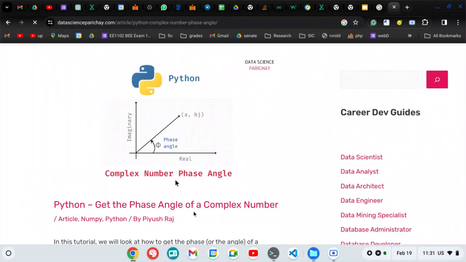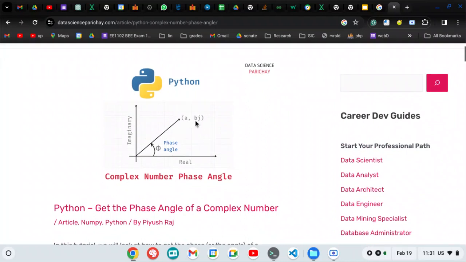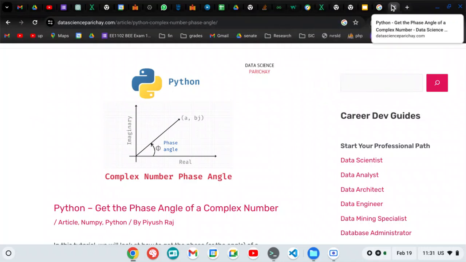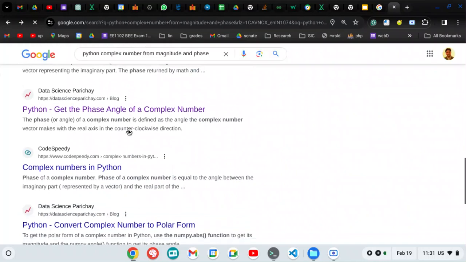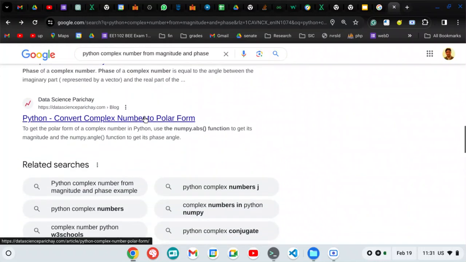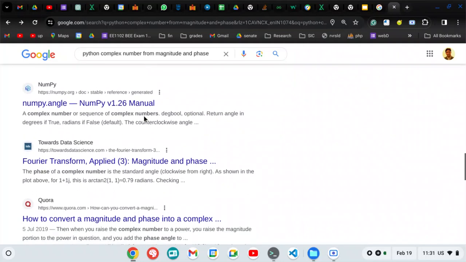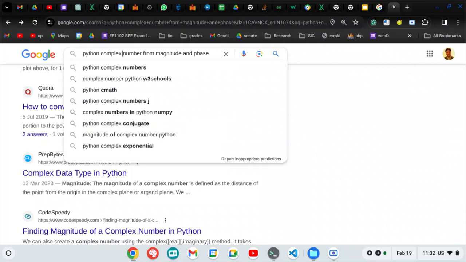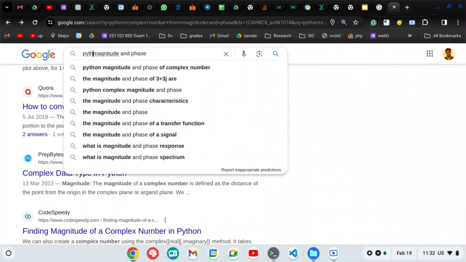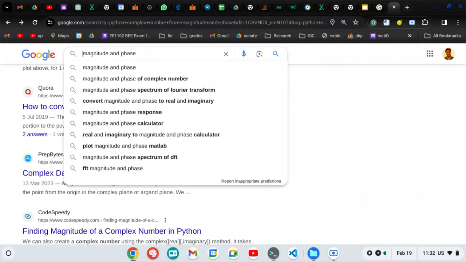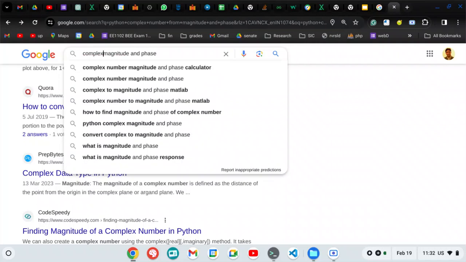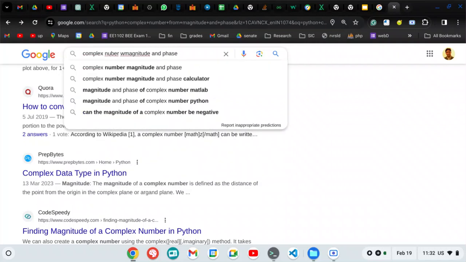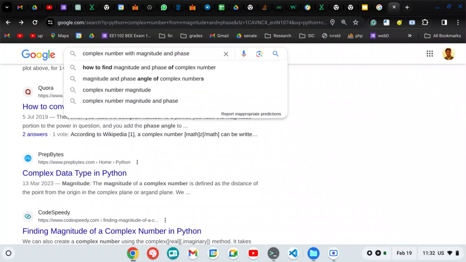Anyway, we are getting some drawings also. Here you can see a plus b into I or b into j. This is theta, the phase angle. Anyway, let's go back and try to search complex number magnitude.